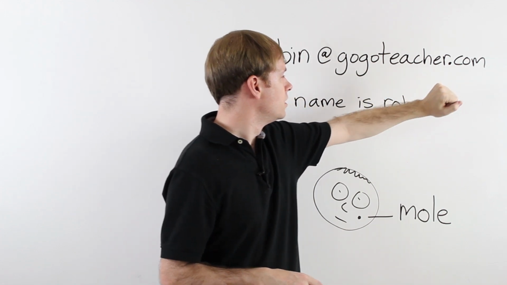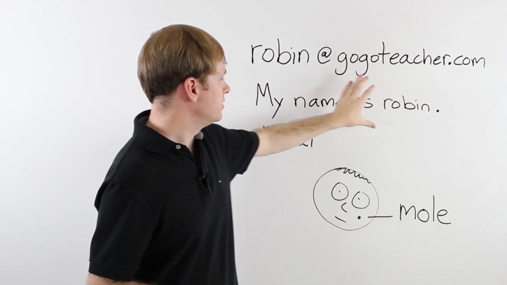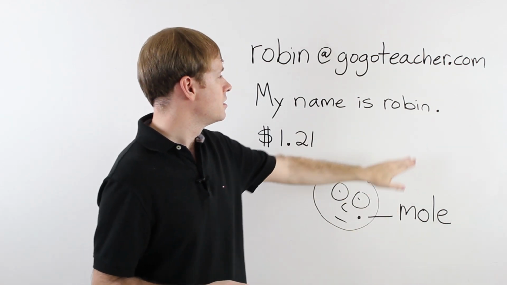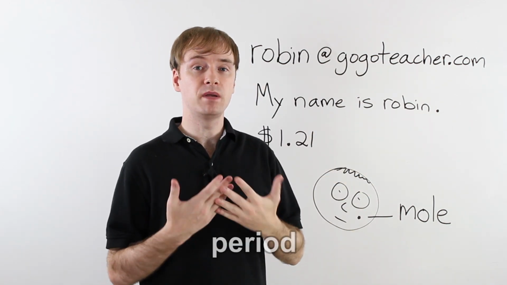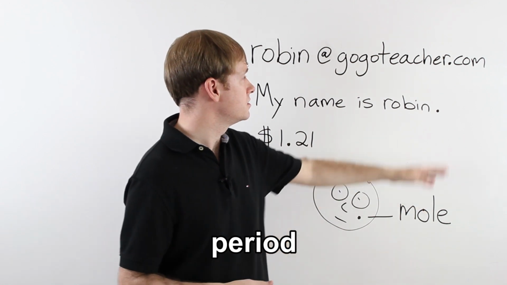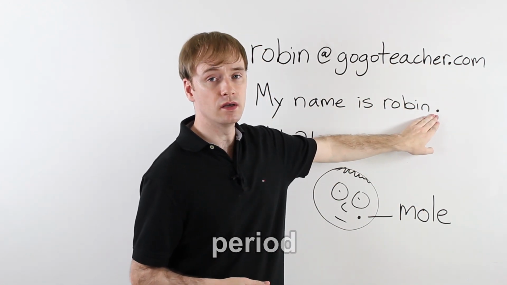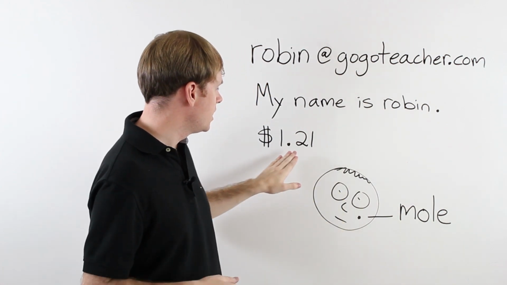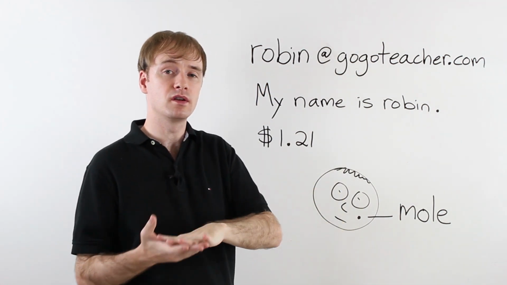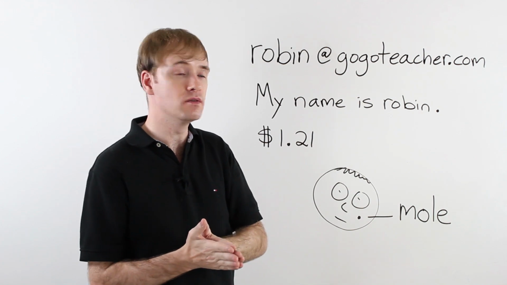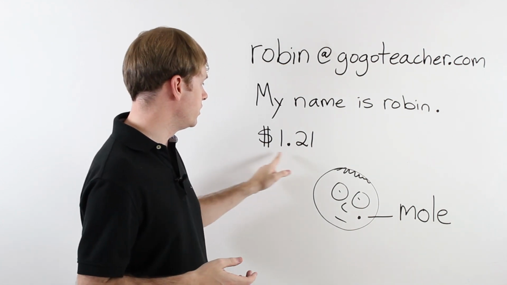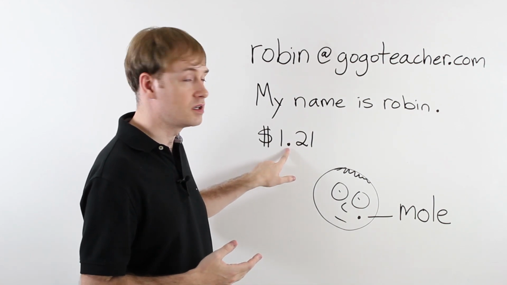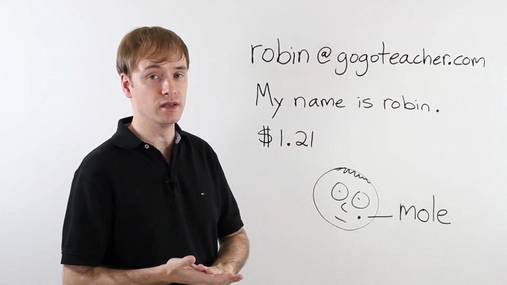So robin@gogoteacher.com. Now here is a sentence, and we have another point. In the sentence, this is called a period. This is a dot, this is a period. And looking at money, we're going to study money in another video, but quickly, if we were reading this money, we wouldn't say dot and we wouldn't say point.